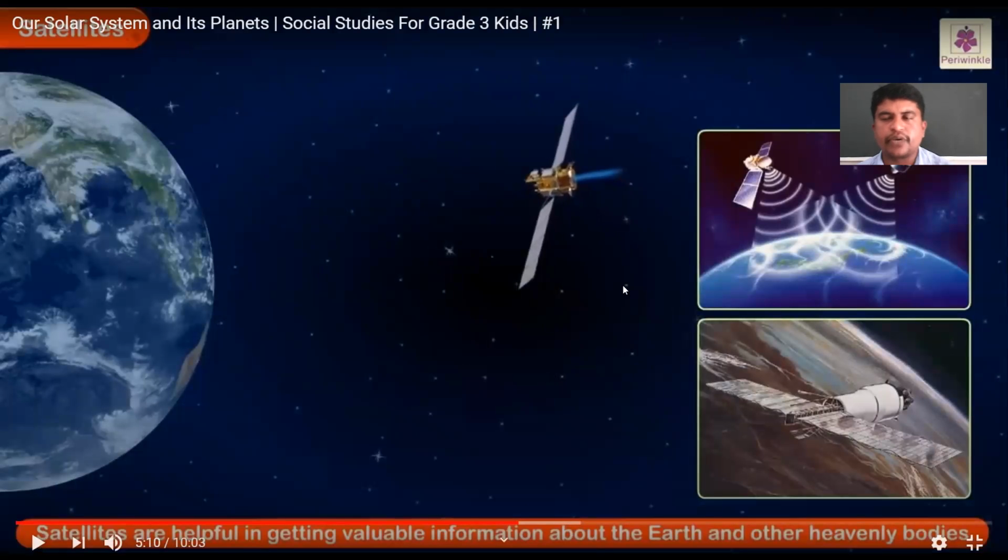My dear students, what are the uses of satellites? Satellites are very useful in getting valuable information. They give us information about the earth, the movement of the earth and happenings on the earth and other heavenly bodies. That is the most important duty of the satellites.